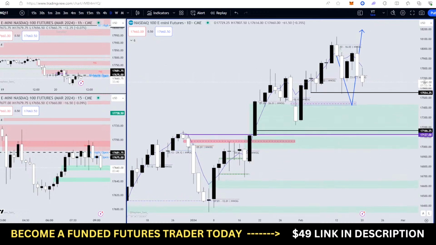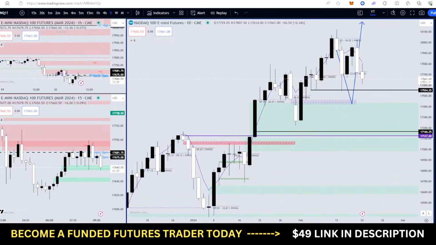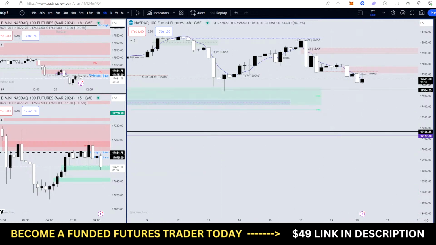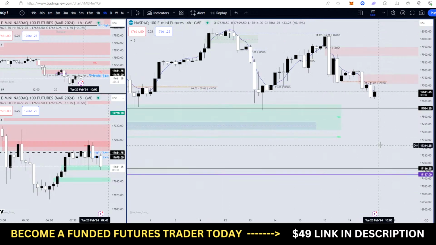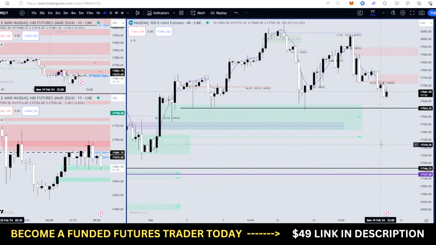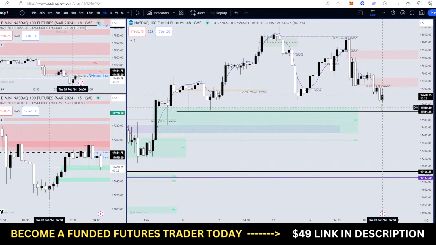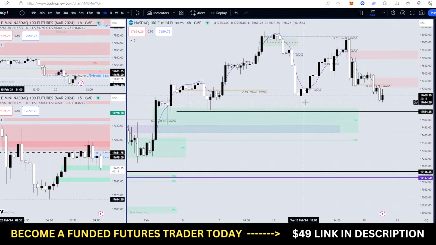Here on the daily, I don't see anything just yet. I need to move to a smaller time frame. Okay. 17,580 is the next fair value gap on the 4 hour. Also, the midpoint of the wick is around 604.